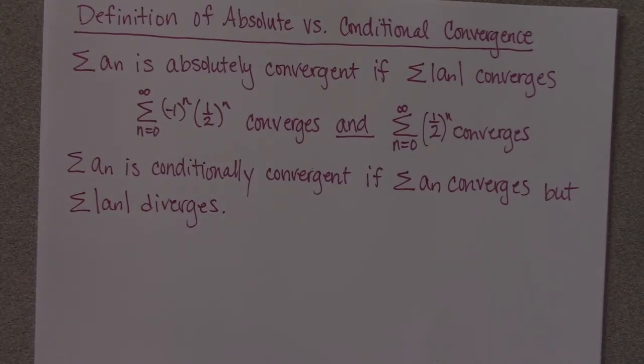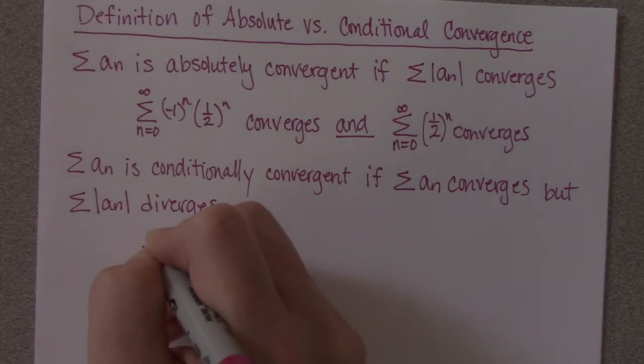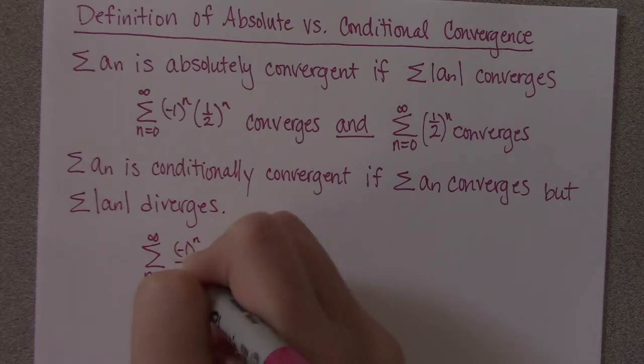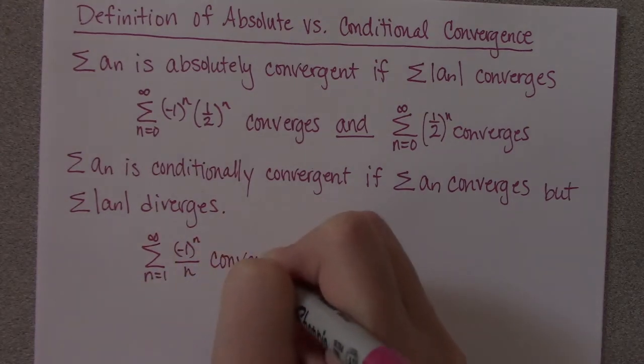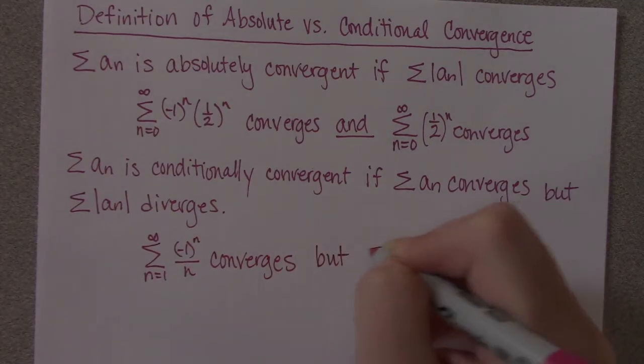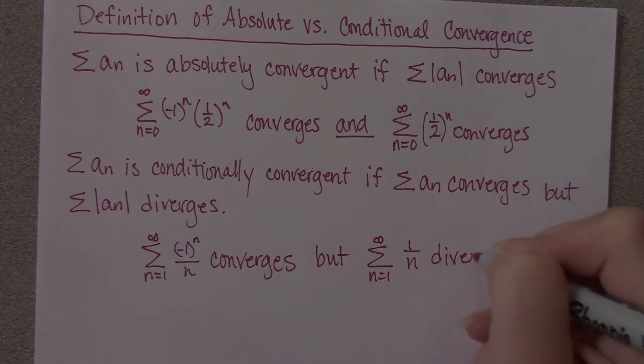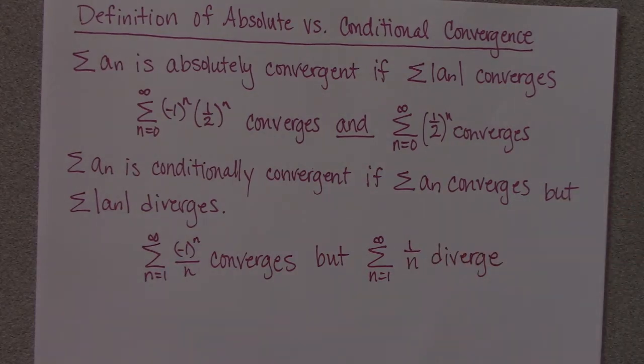So the condition on convergence that they're referring to in the name is that it had to alternate in order to converge. In our example here, (-1)^n over n converges. The alternating harmonic series converges, but the sum of the positive terms diverges. So there's an example of an absolutely convergent series and a conditionally convergent series.